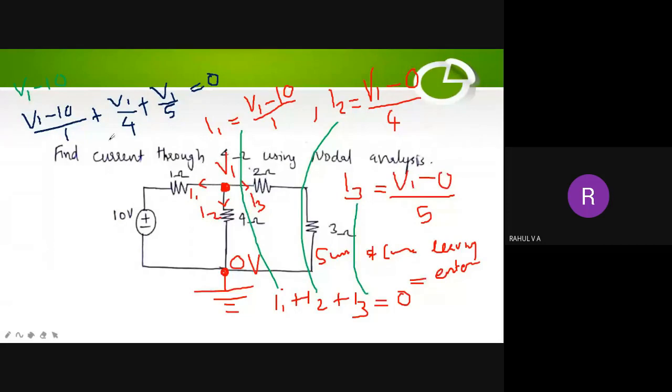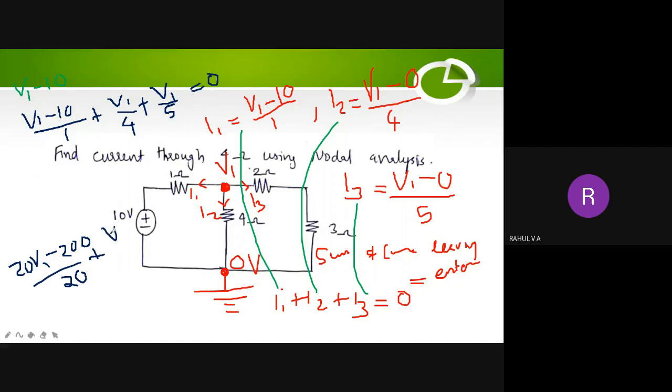You can use any mathematical method you like. That means I am converting it to something like 20. So 20 V1 divided by 200. We just have to make this a single equation, that is all. So you can take any method.